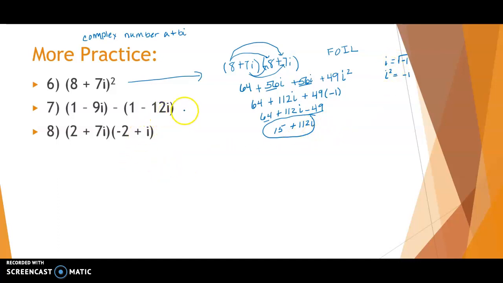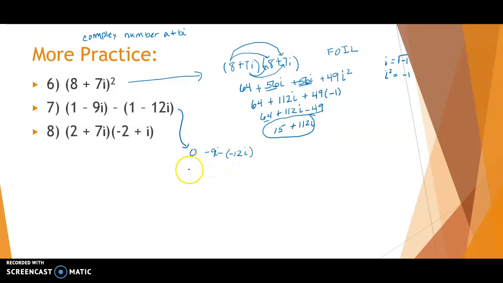All right, so let's take a look at number 7. This one, we notice it is subtraction. And so as I look to do this, I want to combine like terms just as if I were combining a variable. So 1 subtract 1 is 0. And then here we would have -9 subtract a -12. And these both have i with them.